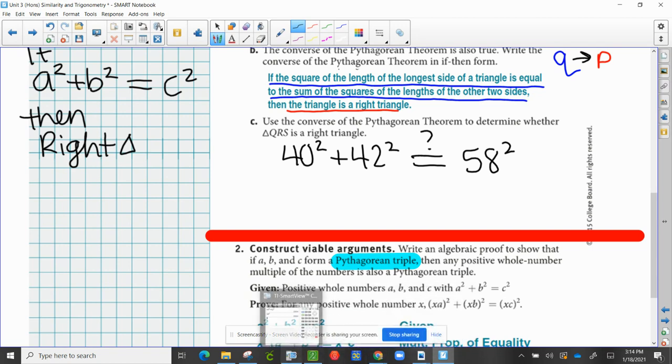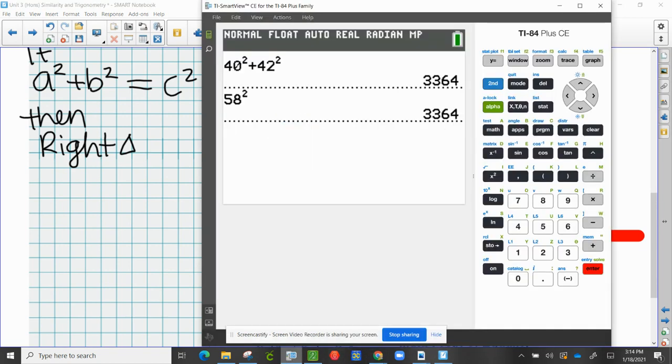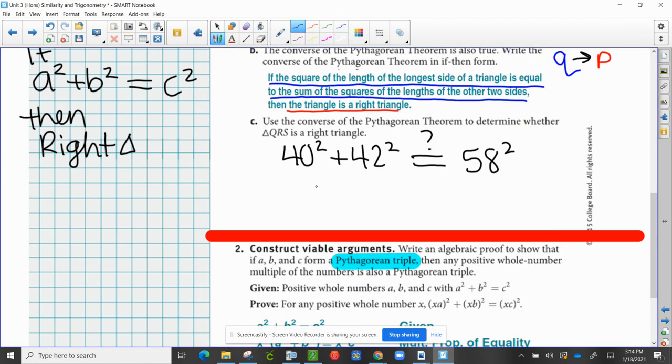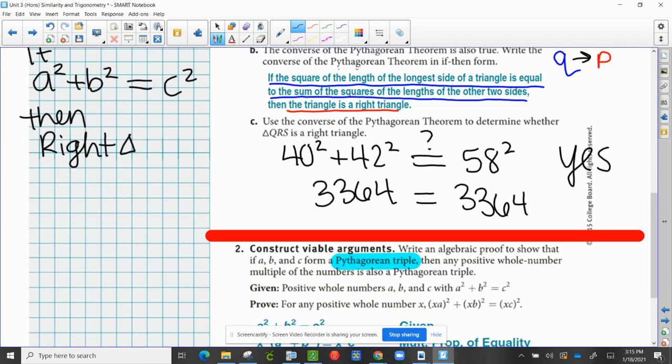Now I already worked this out in my calculator. 40 squared plus 42 squared is 3,364. 58 squared is the same thing. So 3,364 is in fact equal to 58 squared. It's the same number. So we can say that yes, QRS is a right triangle because this is true.